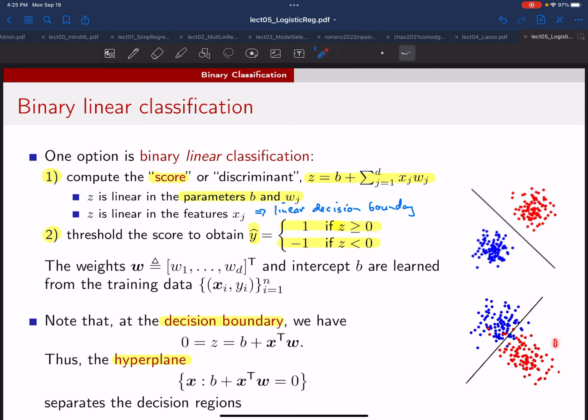So here's just one example of a class where you have some overlap. There's no way that I can put a line anywhere to get perfect separation, but here, this is probably a pretty good place to put that decision boundary. Okay. All right, so everybody good with linear classification?